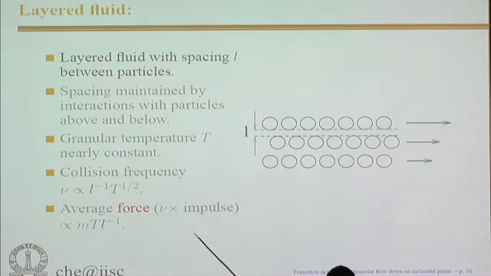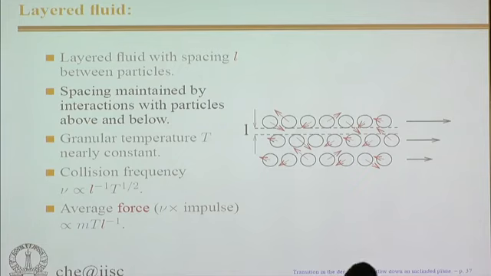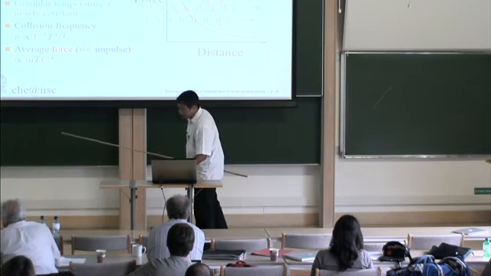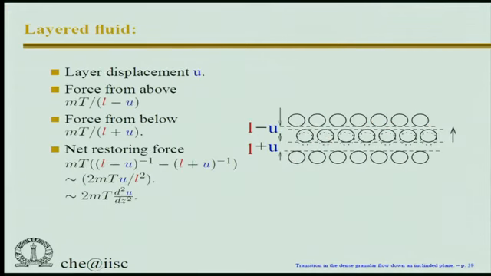So why does it layer? The layering is actually maintained by the fact that you have particles above and below that are colliding with a layer of particles. I'll just go quickly through this. The force actually decreases as a function of distance, and the reason is because if you displace a layer of particles a little bit, the temperature doesn't change very much, but the spacing has decreased, so the collision frequency increases.